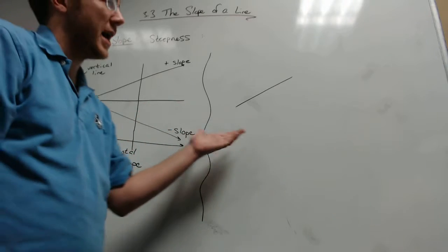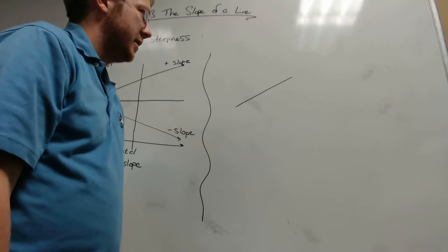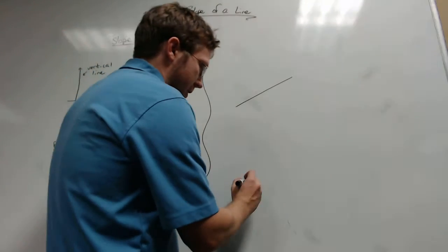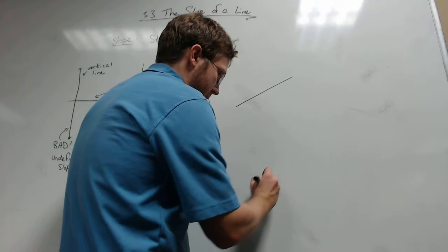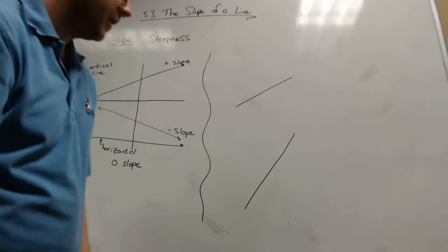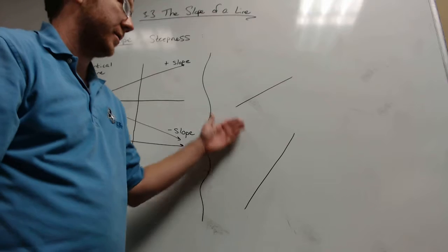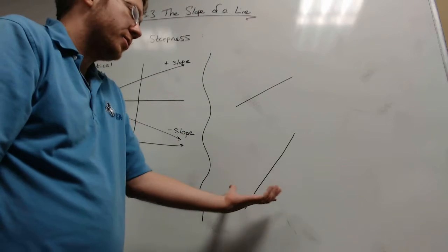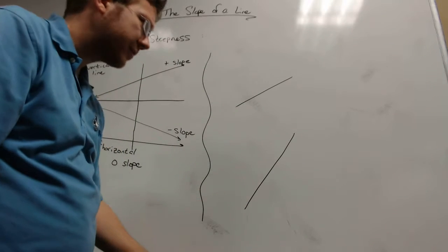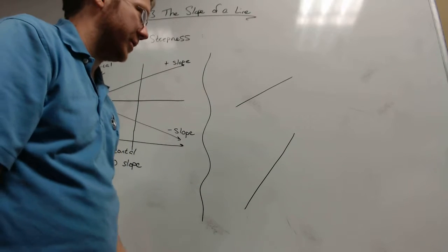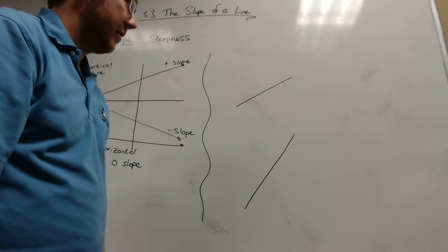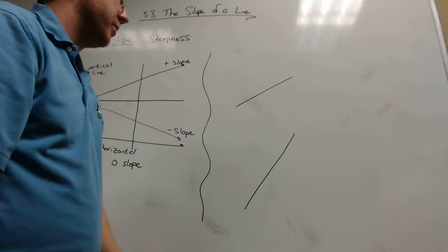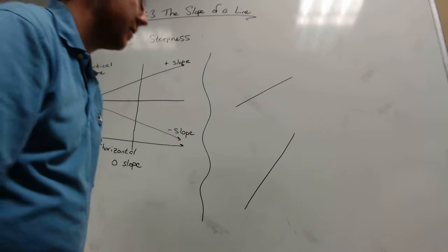But how do we know how steep this hill is compared to this line? Clearly, if we're just comparing these, I could much better walk up this line than I could this line. So this one's steeper. But what numerical values can we attribute to these to figure out what number should be associated with it to tell me what the slope is?